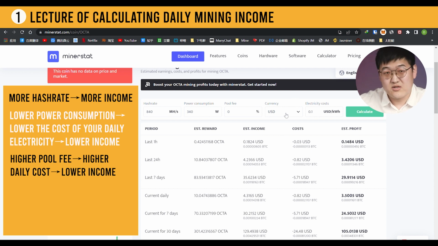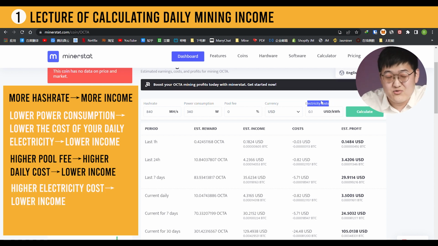Let's just keep using USD because it also relates to USDT, USDC, or those stable coins you preferred. As for the electricity cost, for now, I'm going to use 0.1 US dollars. I know that in some European regions, your electricity cost is maybe much higher than this, but 0.1 is somewhere around the average, so I'm just using this 0.1 for calculation.